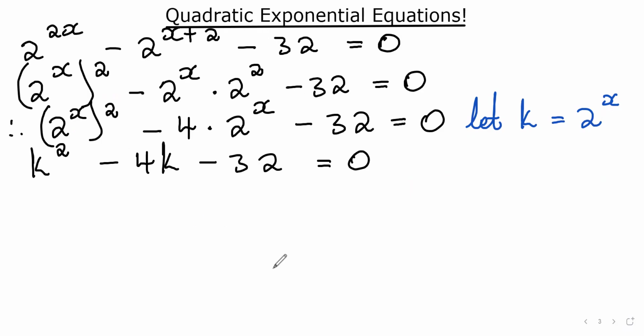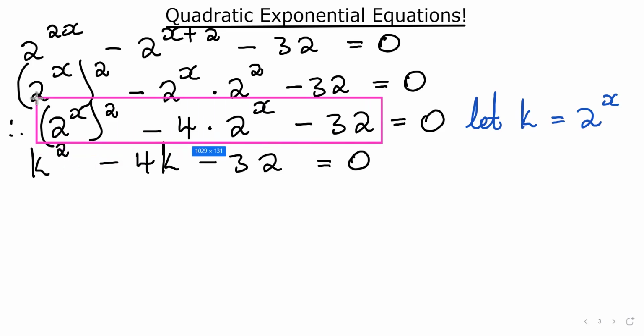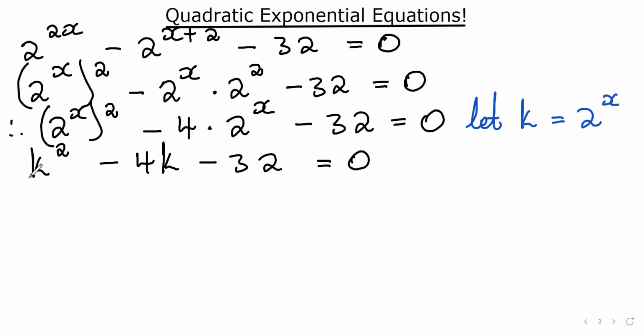You could have decided to factorize this step by using the normal quadratic factorization of opening two brackets. But this is how it becomes easy if you're using the k substitution method.